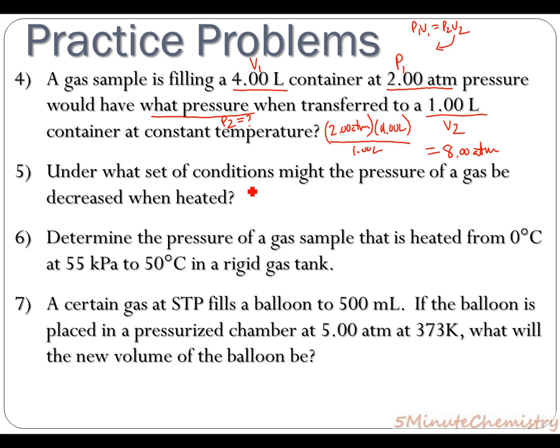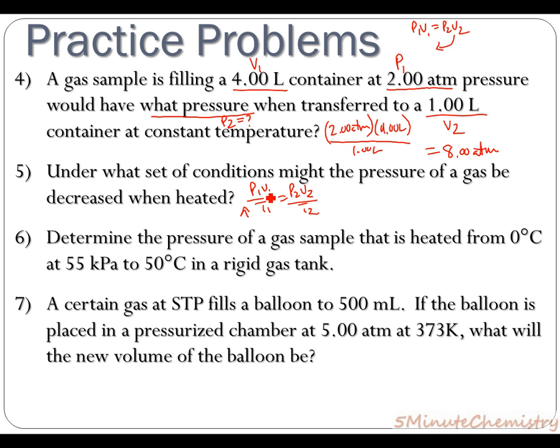Under what set of conditions might the pressure of a gas be decreased when heated? So since we know P1 V1 over T1 is P2 V2 over T2, we're saying that this is heated, so temperature is going to go up, so we would expect that pressure should also go up. However, the way that we can offset this increase in temperature is with a greater change to volume.